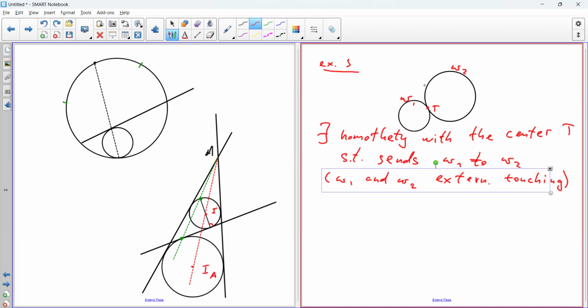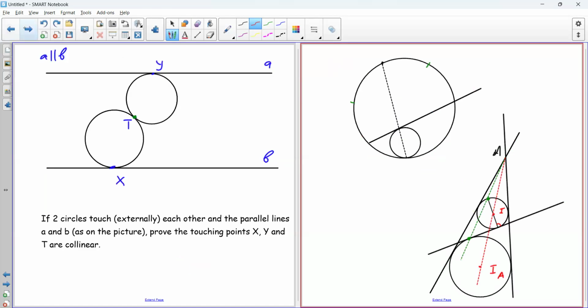We may notice that the centers and the touching point should be in line, so we can literally describe how we send this center to that center, then prove that the circles will follow. I advise you to do this exercise completely so that you understand the details.